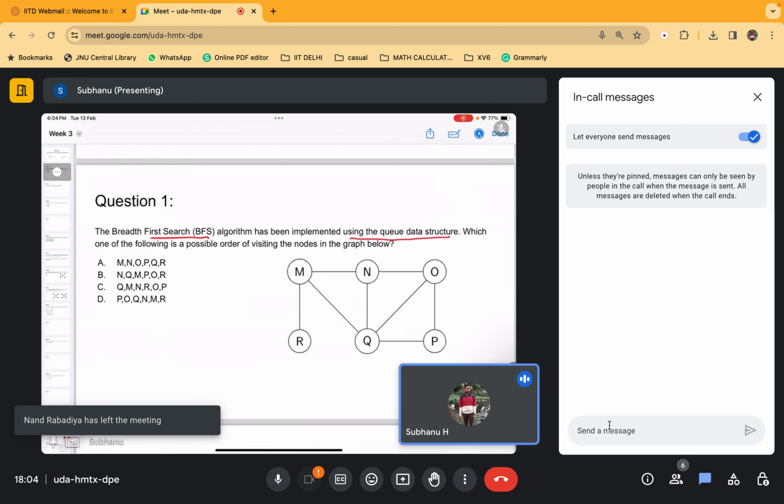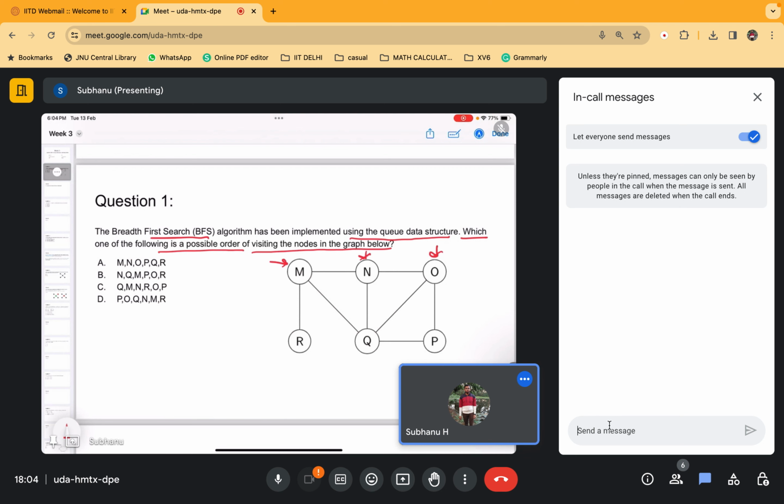We know that BFS is implemented using a queue data structure, and DFS is implemented using a stack data structure. The question is, which one of the following is a possible order of visiting the nodes in the graph below? You can start from any node, maybe M, maybe N, or maybe O. Then you have to find the possible BFS, breadth-first search, traversal order.